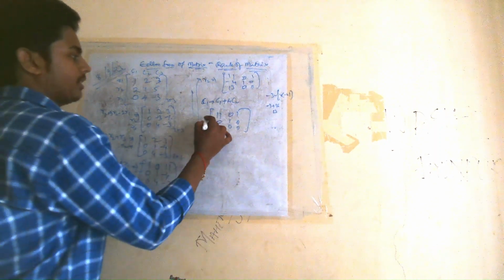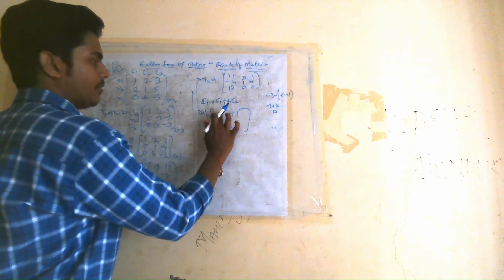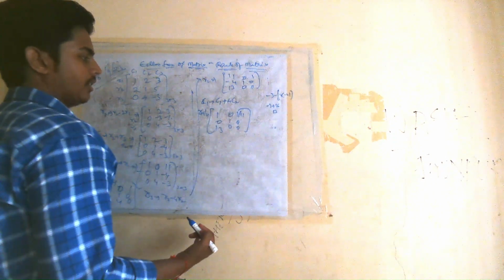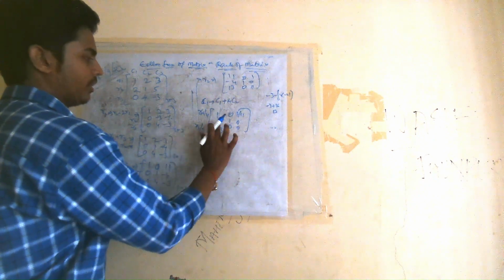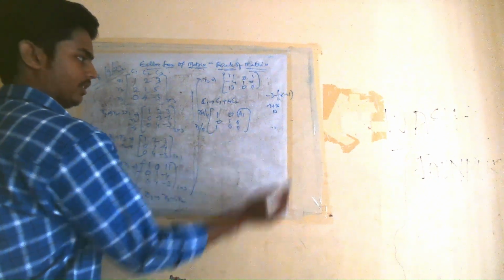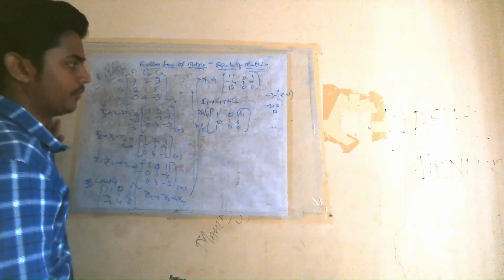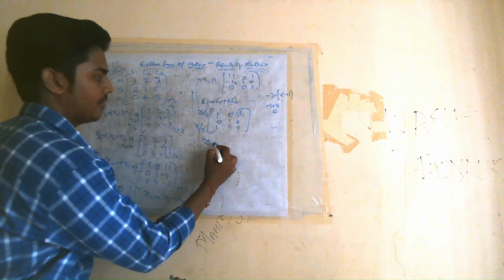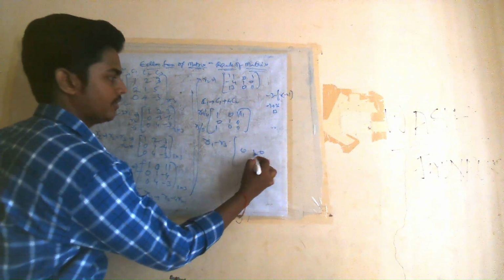If I divide R1 by 11, it's going to become 1 by 11. And if I divide R3 by 13, it's going to become 1. It's going to be 0 only, no change. So if you see these two, if I subtract R1 minus R3 now, I'll get 0 1 0 1 0 0.